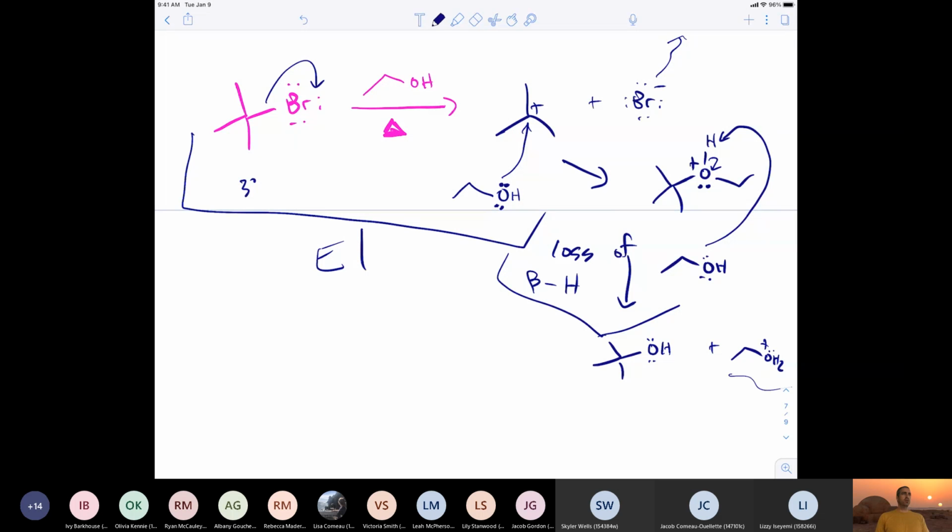So this is just like E2. In E2, you lose the beta hydrogen, the double bond forms, and the leaving group leaves all in one step. This is the same process except broken into steps. The leaving group leaves first, and only then, after the carbocation sticks around for a little while, do you do the elimination step.